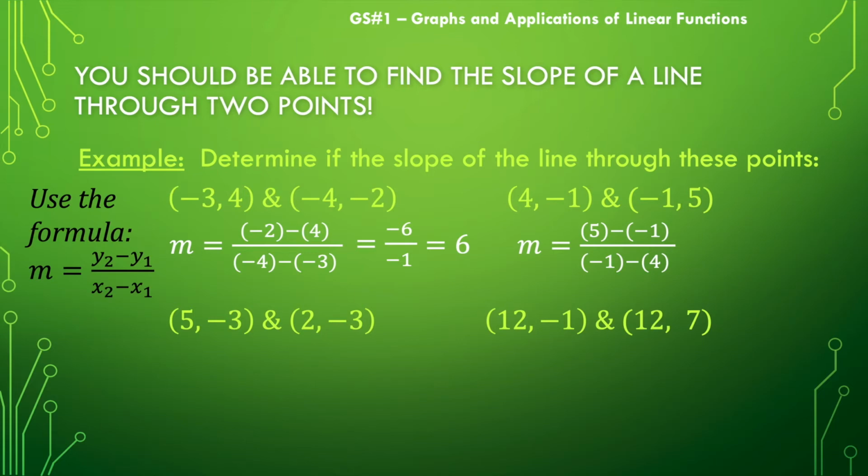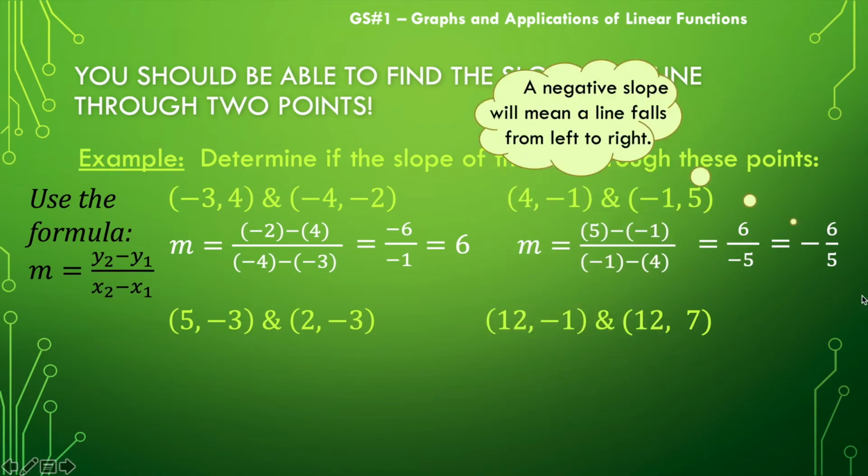And negative 1 minus 4 is negative 5. So we end up with 6 divided by negative 5, otherwise known as negative 6/5. We have a positive rise and a negative run. So this is up and to the left. If it's going up and to the left, if I'm thinking about that line, it's going down from left to right. It's falling from left to right if it has a negative slope.